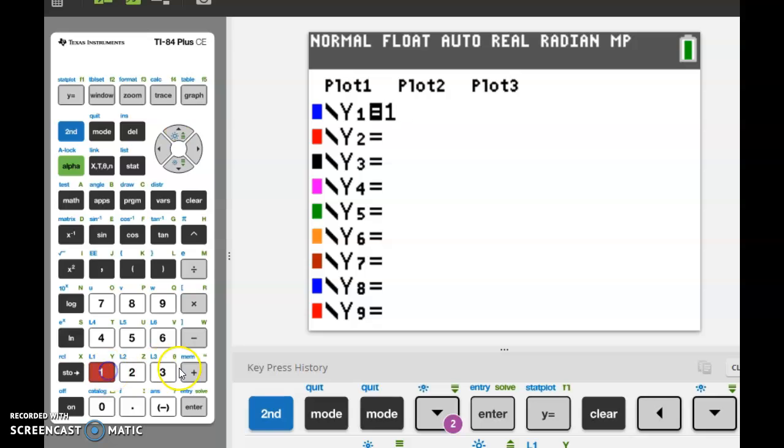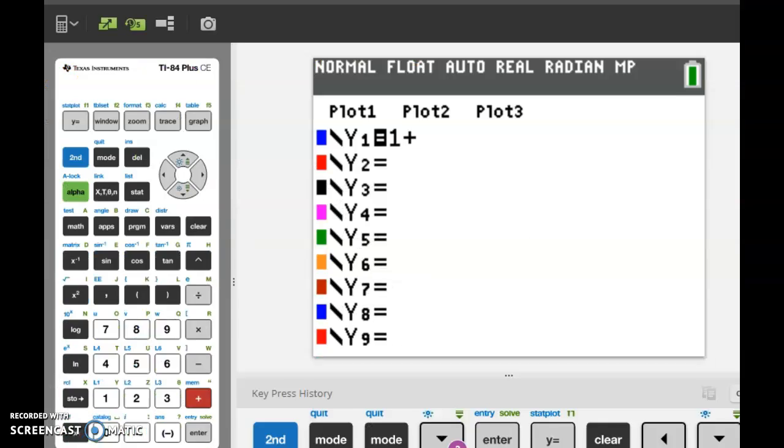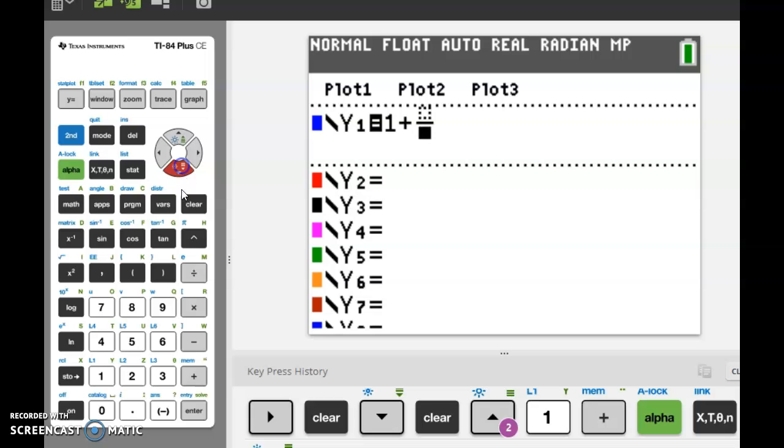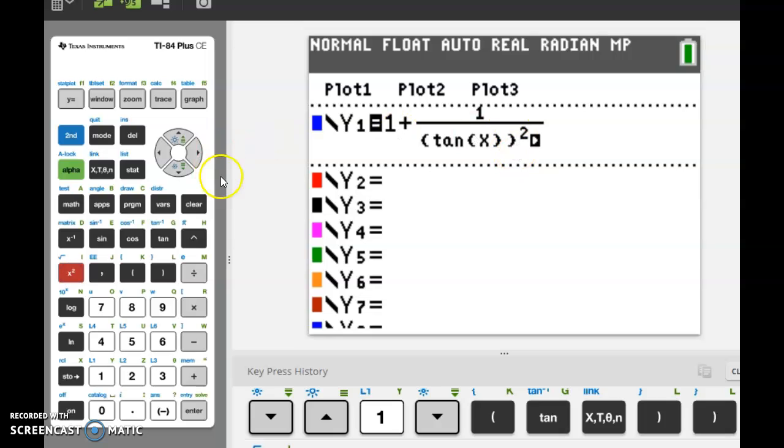But all I'm going to do is rewrite 1 plus cotangent squared. The problem is my calculator doesn't have a cotangent squared, so I have to type in 1 plus 1 over, oops, forgot to write 1. And notice with my calculator, I do have to put tangent of x squared like this.